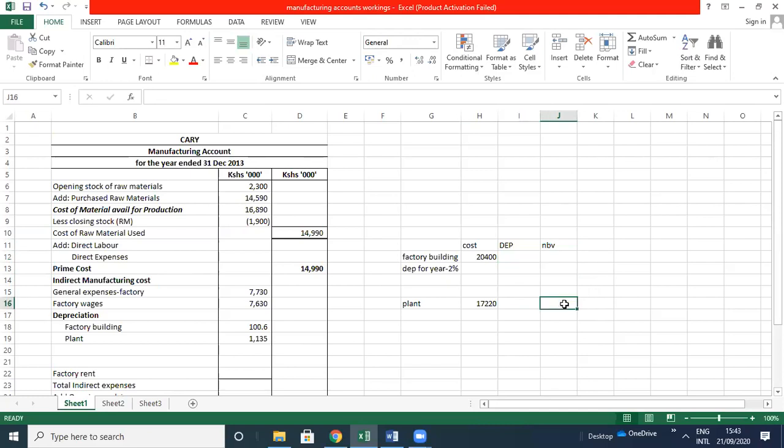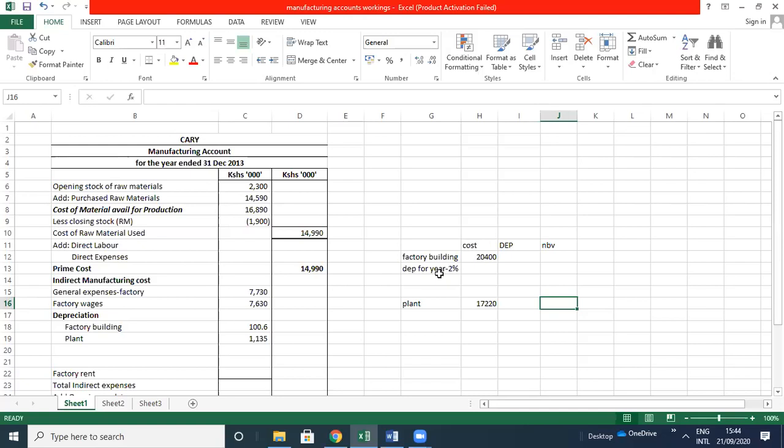If you're told it is on cost, it means that it is 2% on the initial cost. You understand that? But if you've not been told on cost, then you should do it the way we had done it before.